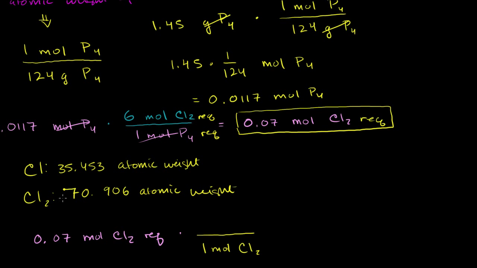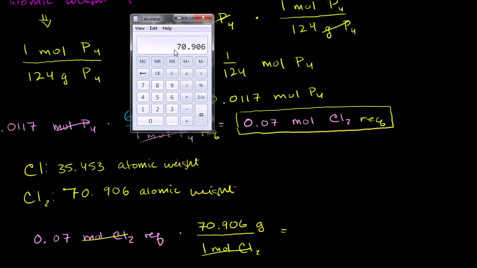Well, if the atomic weight of chlorine gas is 70.906, that means 1 mole of it is going to have a mass of 70.906 grams. We have 0.07 moles. So we'll multiply 0.07 times 70 to figure out how many grams we have. And the units cancel out. We have moles of chlorine gas, moles of chlorine gas, and we're just going to have grams required.